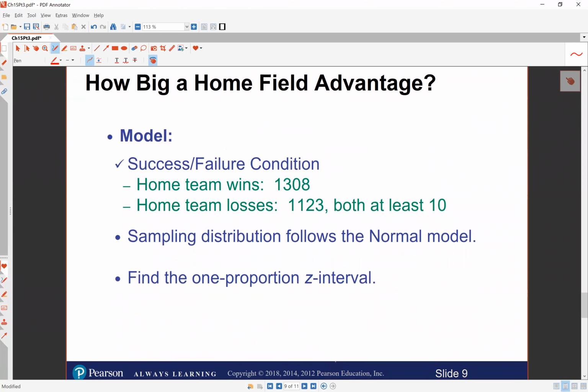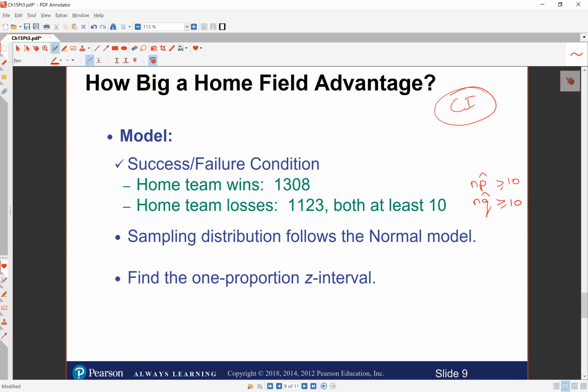Now, we could approach the same problem with a confidence interval approach. We again have to check a success-failure condition, but now you can empirically verify how many successes were there, how many failures were there, not based on some hypothetical number, but based on what you actually observed. You can calculate these as np-hat and nq-hat, but they both have to be at least 10.